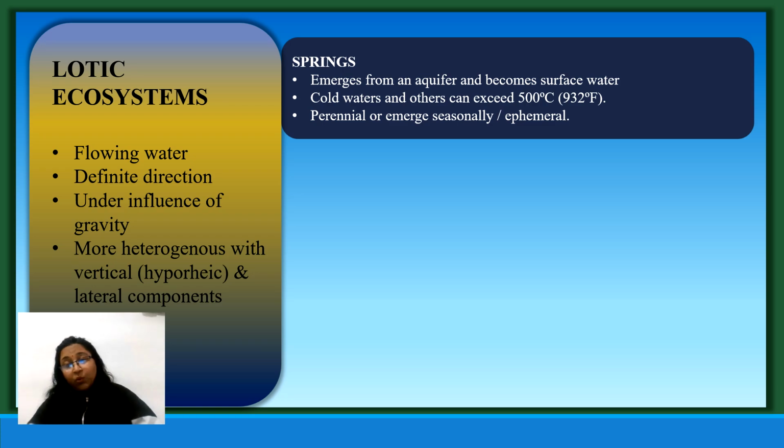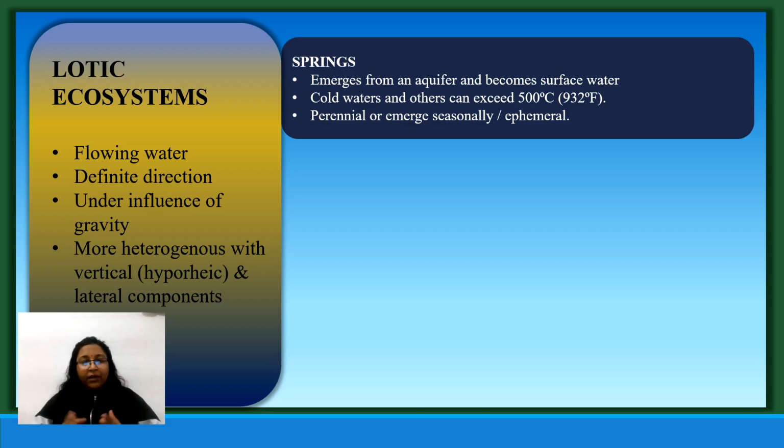Springs are highly diverse. They can be cold water, or they can be hot water springs. In India, we have different locations where we have hot water springs, like some in Himachal Pradesh, or some located in Jharkhand as well. Now springs can be perennial.